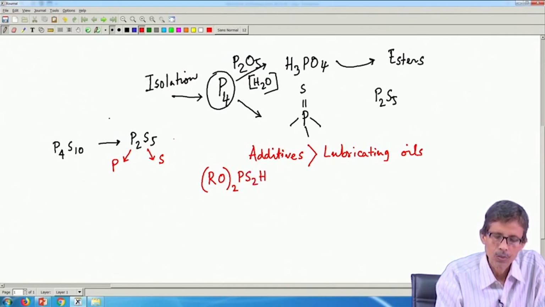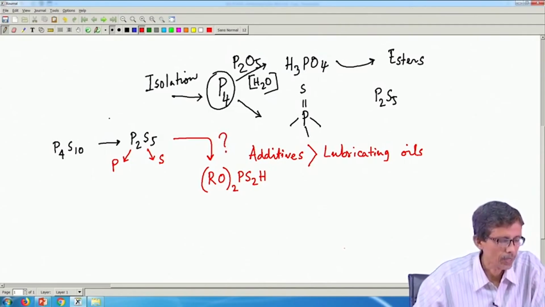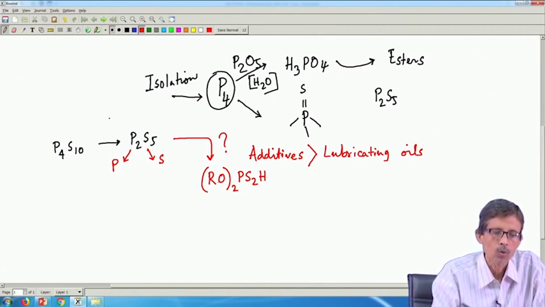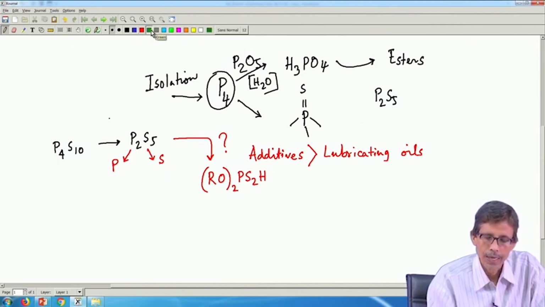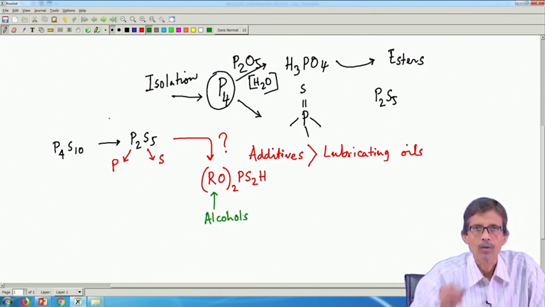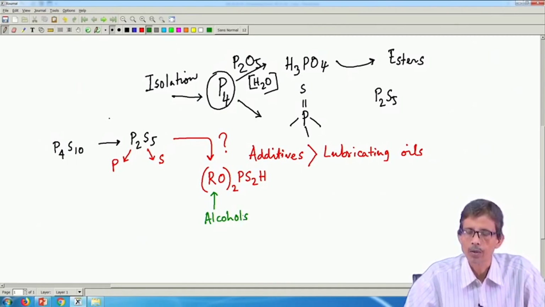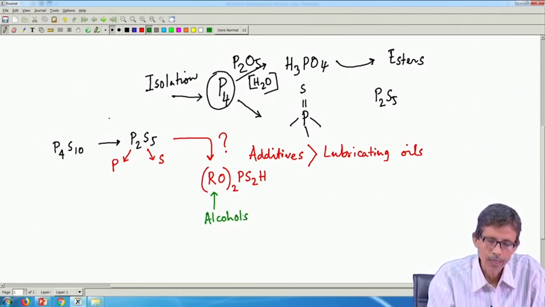P4S10. So how we make it from this particular system? So you have RO, and this RO, if we can get it from alcohols, so a large number of alcohols we can use from there.